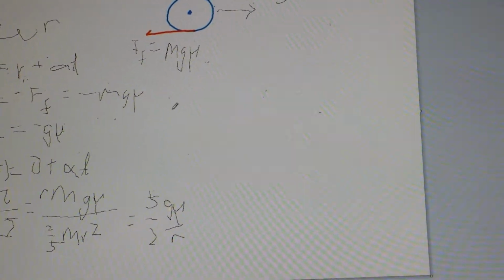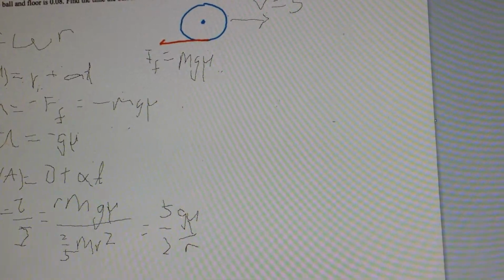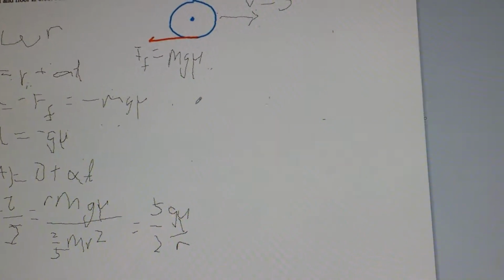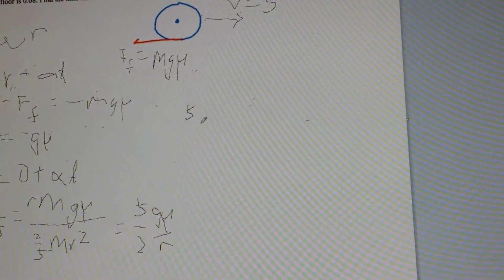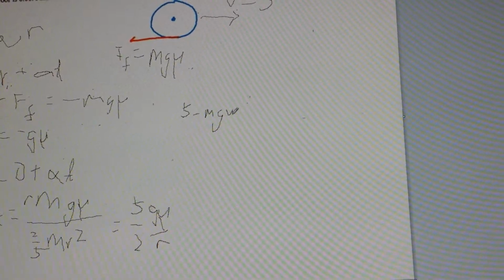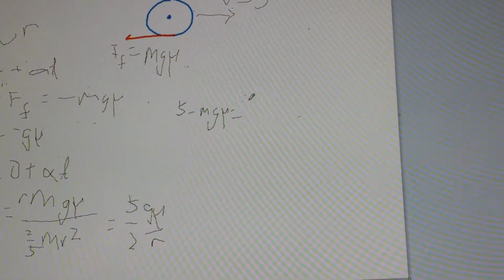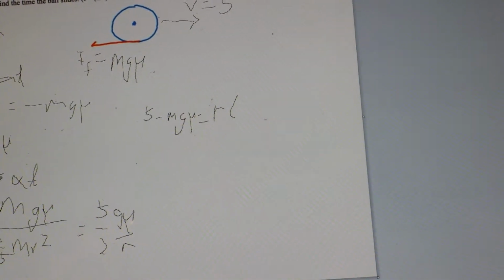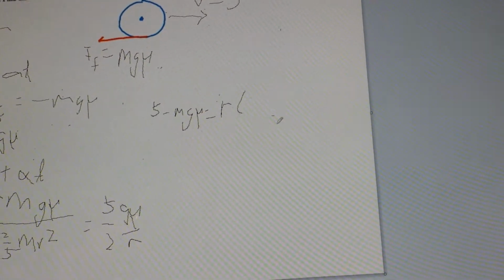So given these equations, we want to set when omega r equals v. So our equation for v is 5 minus mg mu t will equal r times omega of t, and omega of t equals alpha t.